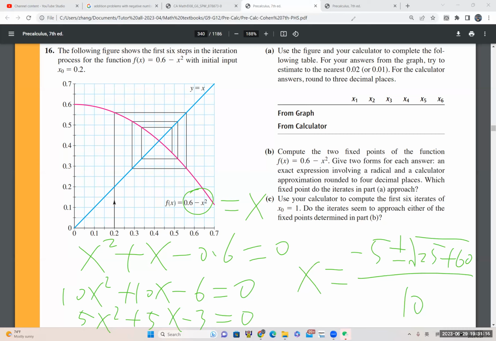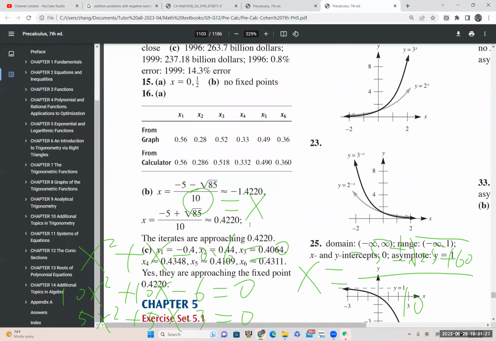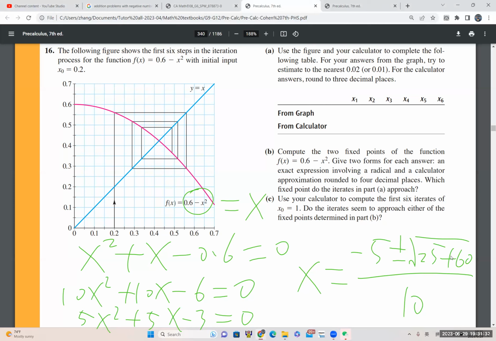Then does this match with what they have? So just this, right? Yeah, this is 85. Okay.